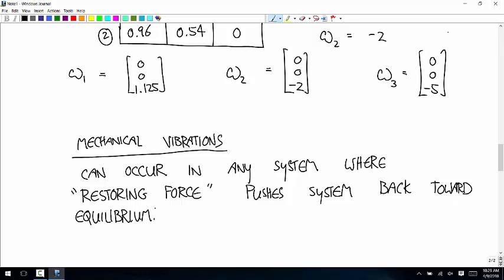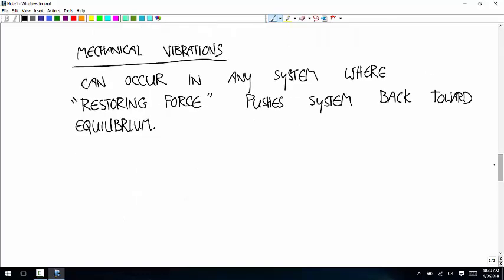And so some simple examples are the one I'm going to use for the derivation, where you have a cart on a spring, and if you move it and let it go, it'll oscillate back and forth.